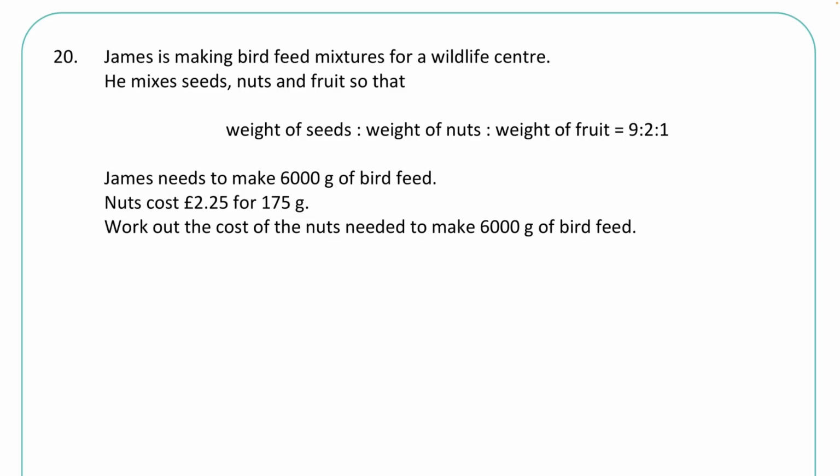So we want to know how many grams of nuts he actually needs, and then we can work out the cost of that. Now here, the total of that ratio adds up to 12. So we want to share the 6,000 grams into 12 parts, and then we can split it up into the seeds, the nuts, and the fruit, which is 9 to 2 to 1.